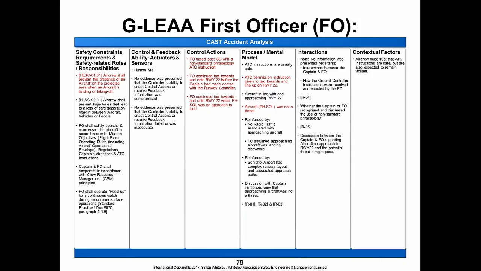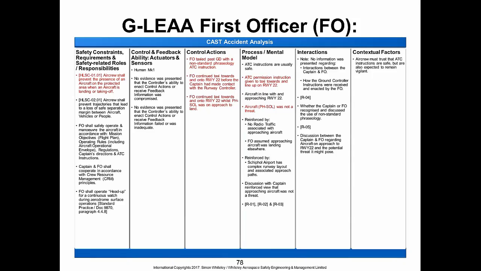The first officer continued taxi towards and onto runway 22 whilst P8 Sol was on approach to land. So it's important to understand that in the context of this individual in the system, they believed what they were doing was correct. They had permission to do what they were doing. Yes, there was an aircraft on approach, but as you'll see in the next section, they believed that that was the right action to perform. It's just it was unsafe.